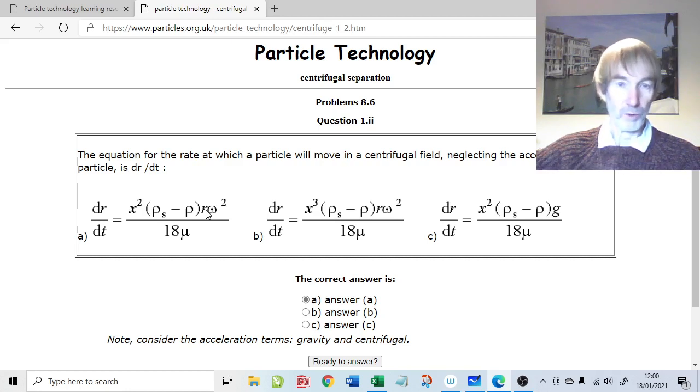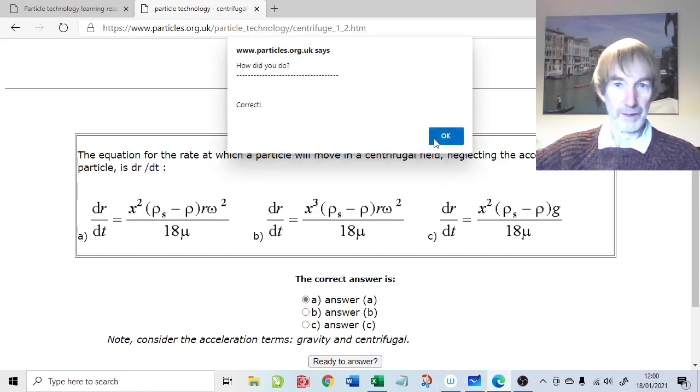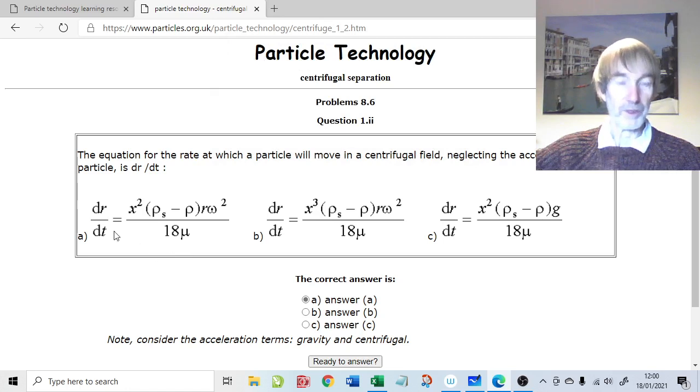It is literally always accelerating the droplet. Let's just check we had the right answer. We did. So the correct equation is dr dt equals x squared, diameter squared, density difference, the centrifugal acceleration r omega squared, over 18 times the viscosity.